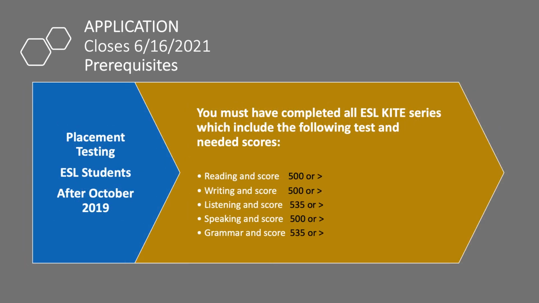For ESL students, testing after October 2019, students must have all of the KITE series testing, which includes reading, and score at 500 or higher, writing, and score at 500 or higher, listening, and score at 535 or higher, speaking, and score at 500 or higher, and finally grammar, and score at 535 or more.